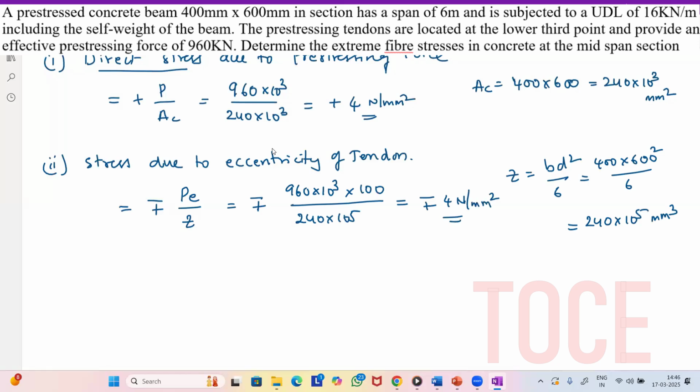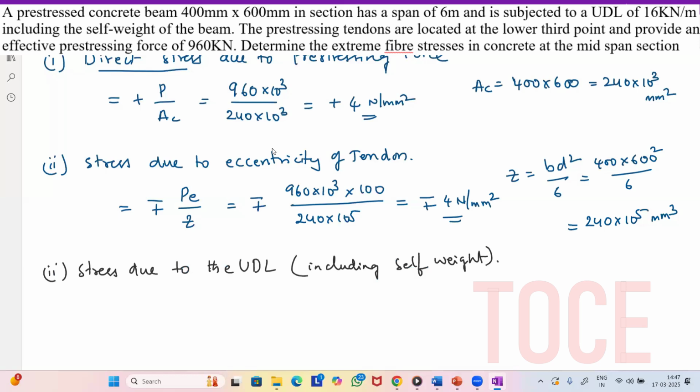Okay. Now let us calculate the stress due to the external load. Stress due to the UDL. So this UDL is including the self weight. That means you don't need to calculate the self weight again. Okay. So we know the formula, it is plus or minus, plus above the neutral axis, minus below the neutral axis, right? Moment due to load divided by Z. So for that we need to calculate what is the moment, the UDL load, wL square by 8.